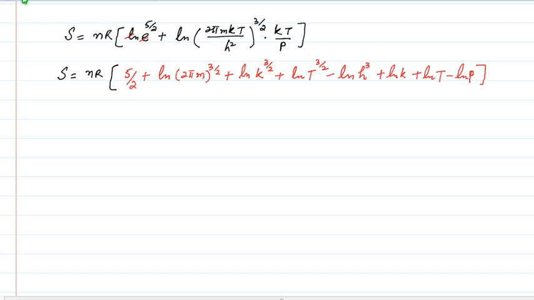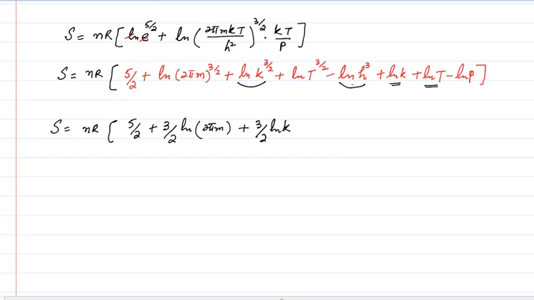So here you can see these are the same terms, and we will write them at one place. So we will get this equation: S is equal to nR, 5 by 2 plus 3 by 2 ln of 2 pi m plus 3 by 2 ln of k.